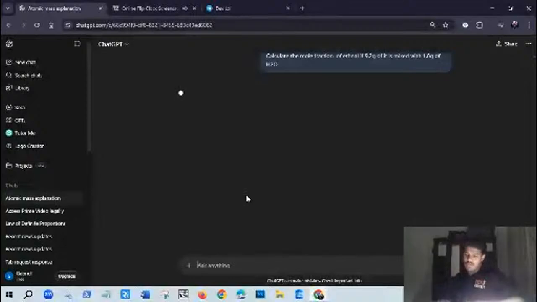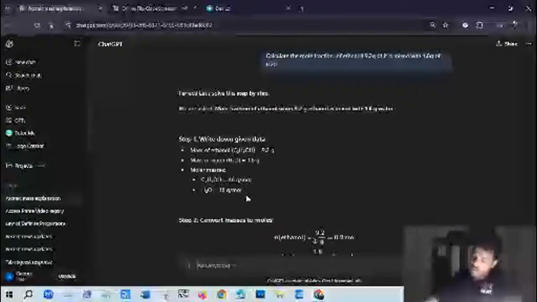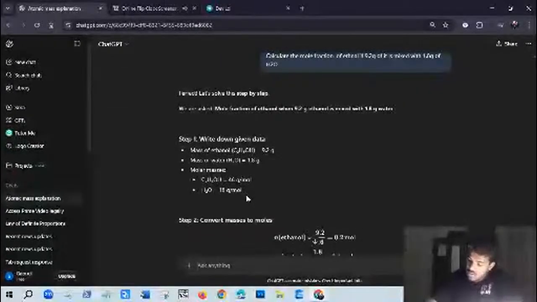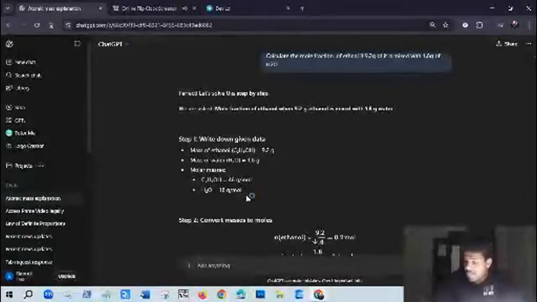Okay, so the mass of ethanol is 9.2 grams, H2O is 1.8 grams.